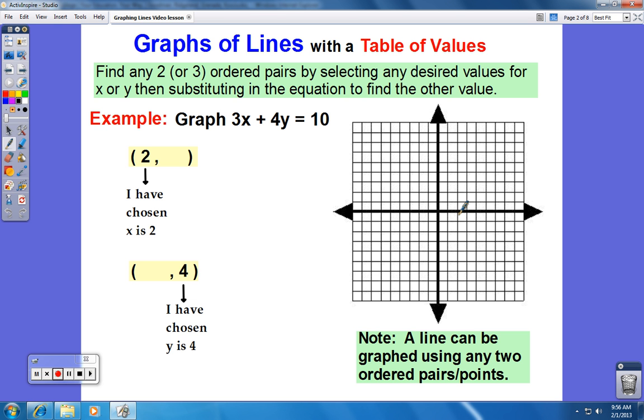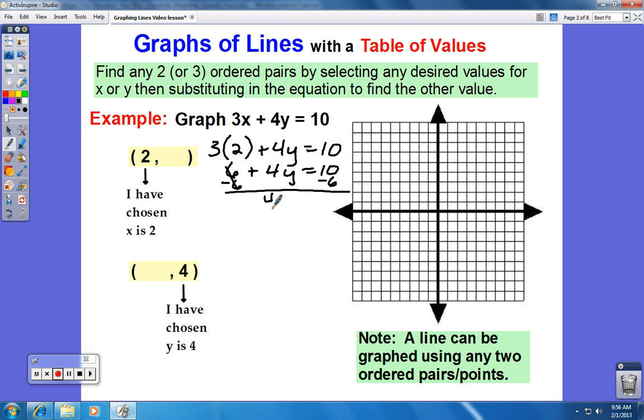Well, in order to do that, we're going to take 2 and we are going to substitute it into the place of x here in the equation. So we're going to have 3 times 2 plus 4y equal to 10. And using steps to solving an equation, we'll solve this to get 6 plus 4y equal to 10. We'll subtract 6.